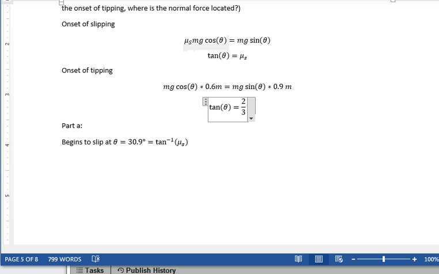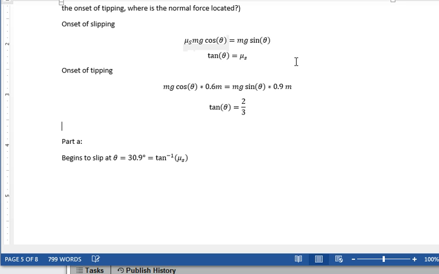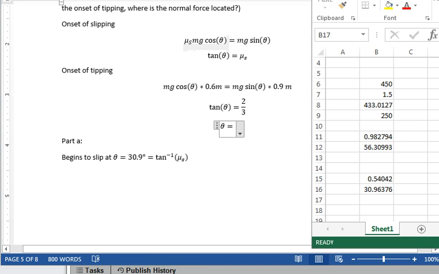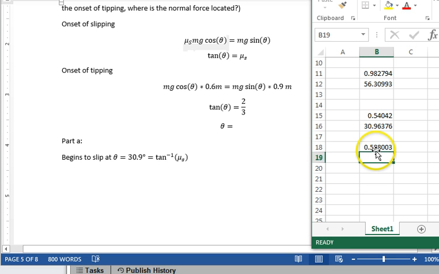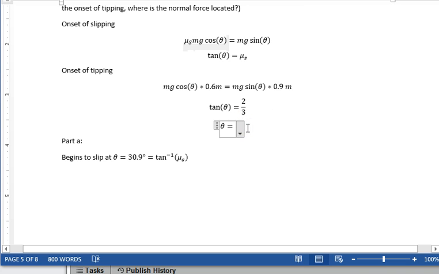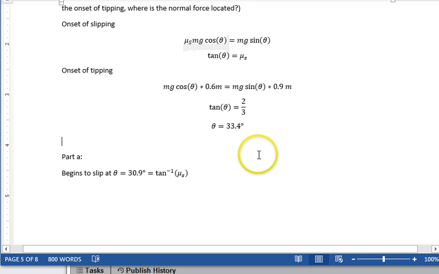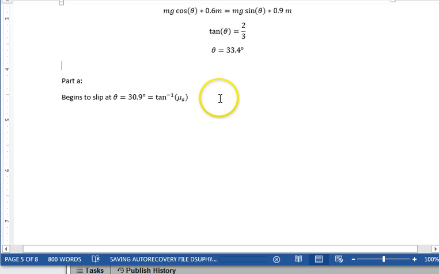When tangent theta equals 2/3, theta equals a tan of 2/3, which is 33.4 degrees, the point at which the center of mass is directly over that pivot point.